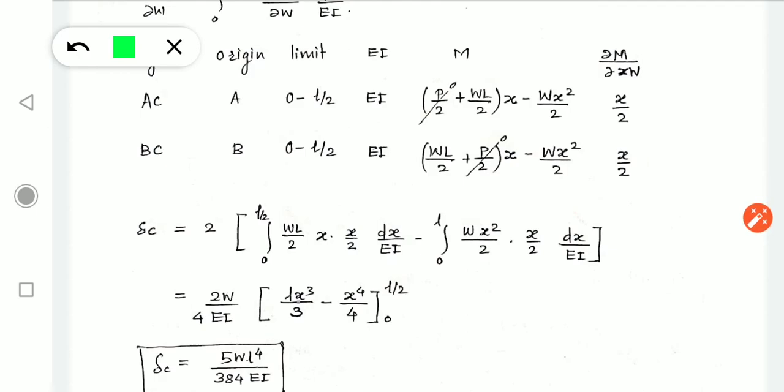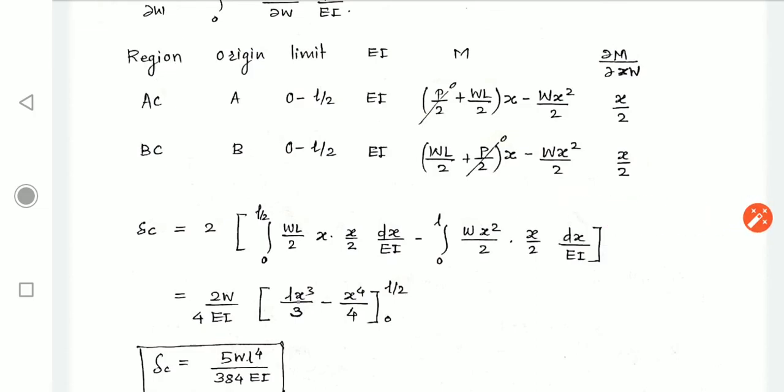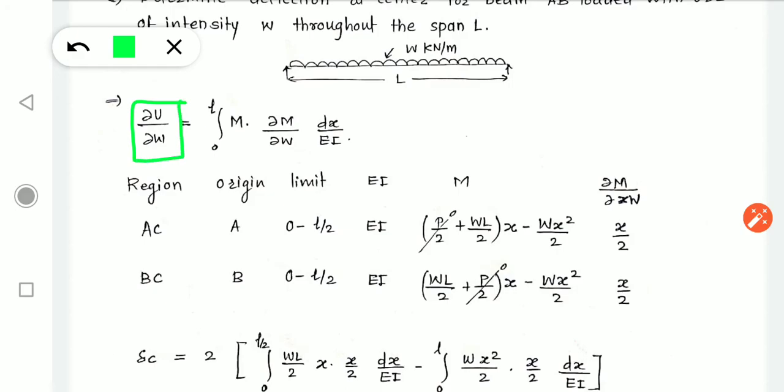Now what remains? To calculate deflection, we have to take the integration of it. So how to integrate? I can integrate only one and multiply it by 2. Because we write the differentiation and then we do its integration.